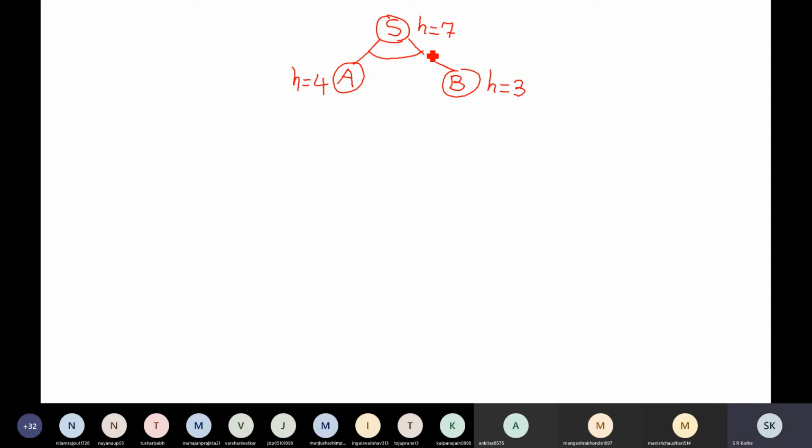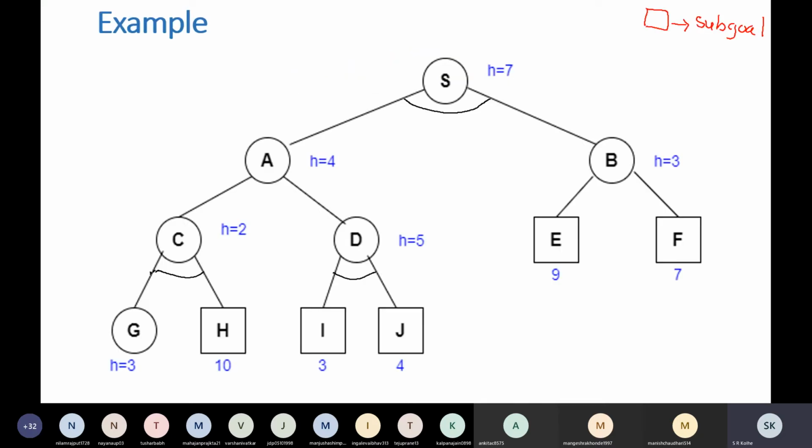We will do one more thing to understand that part also. We will assign costs to these arcs. To generate this A, suppose we assume that the cost required is 2. To generate this B, the cost required is 1. For C, the cost required is 2. To generate D, the cost required is suppose 1.